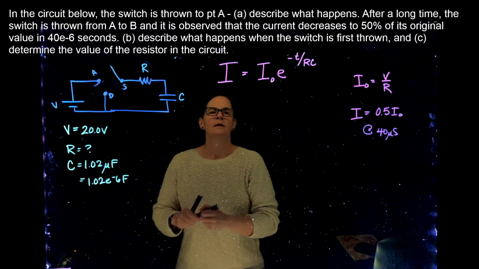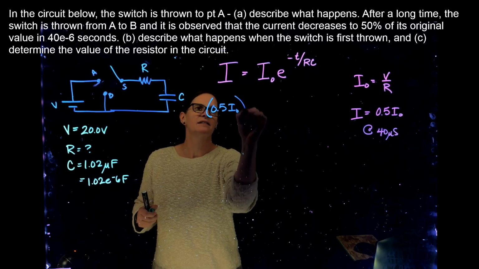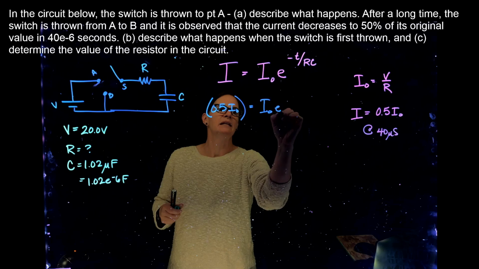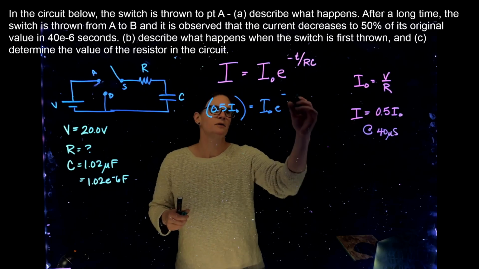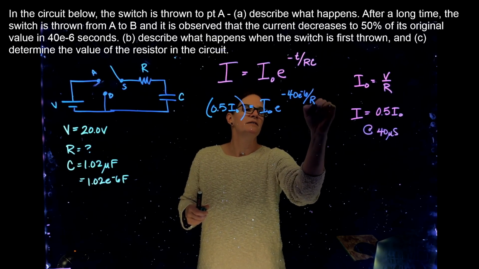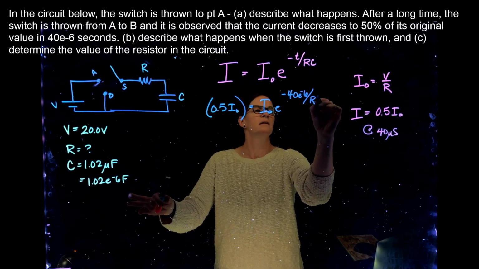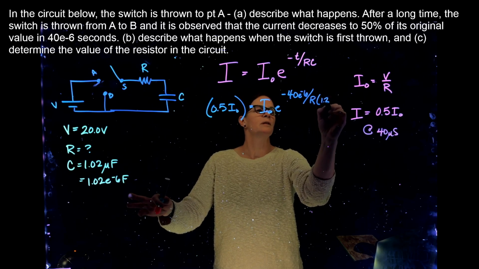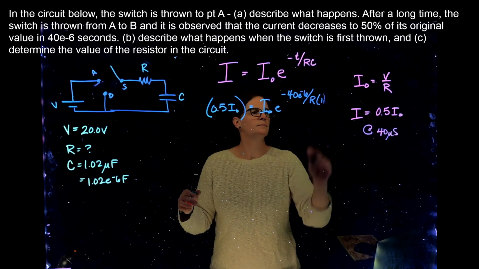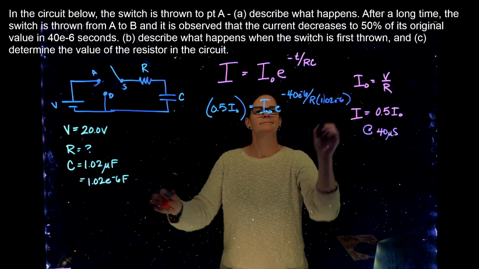So we can look at 0.5 I naught equals I naught e to the minus 40 microseconds, or 40 times 10 to the minus 6, divided by R, and we're given the capacitance, 1.02 times 10 to the minus 6 coulombs.